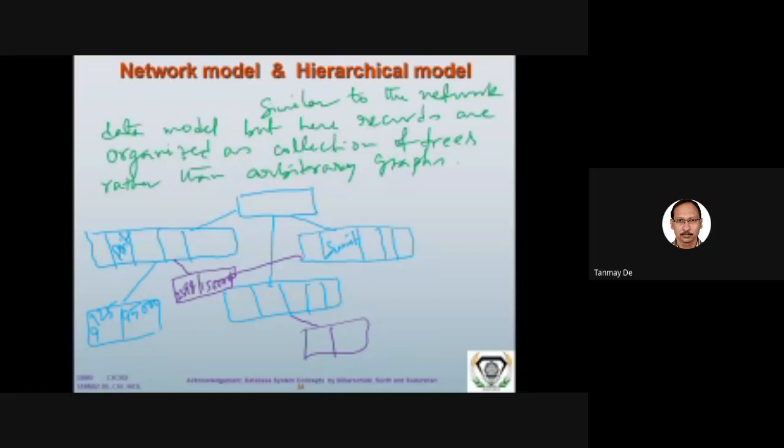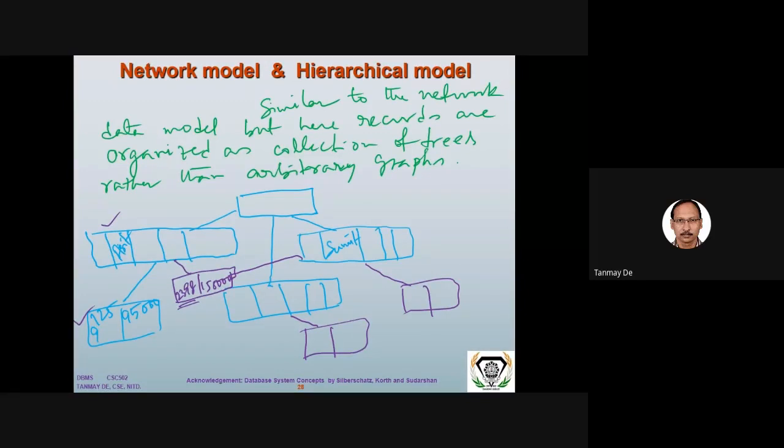That is, the account number 9125, where the balance is 95,000, is the account of customer Osid. This account number 2398 is a joint account by Osid and Sumit. Okay, and here another account is there, that is a single account of Sumit, and so on. So what you can see is that this is a tree-like structure, okay, instead of any arbitrary graph.